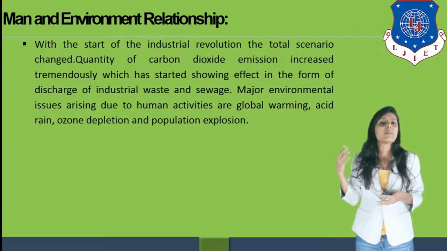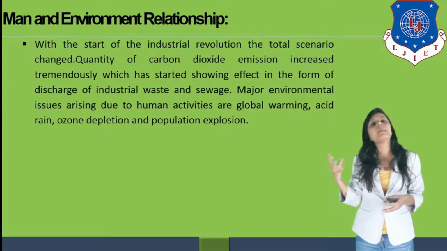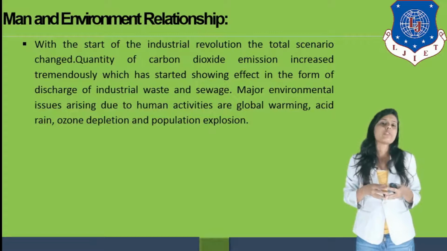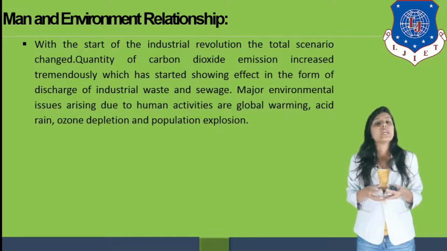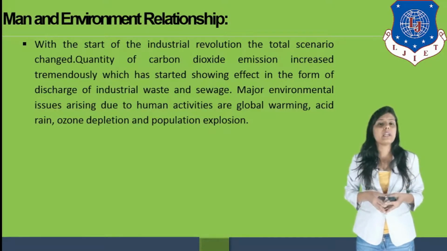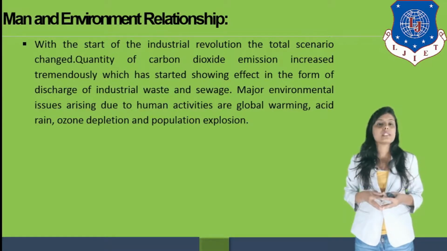We'll be studying global warming, acid rain, ozone layer depletion, and population explosion in detail in the other chapters of environmental science, where you can see how mankind is affecting the environment day by day, and what problems are created by these activities.